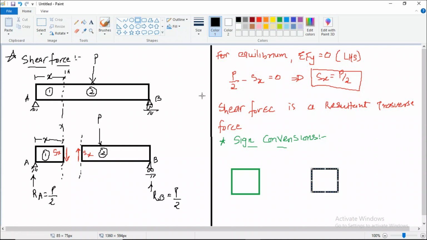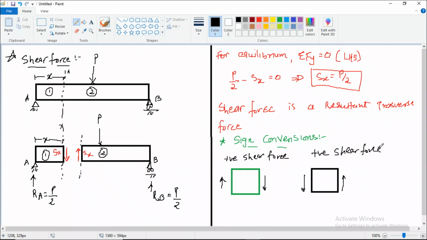So first type, we have this type of shear force given, let us say on this side it is vertically upward, on the other side to maintain equilibrium vertically downward. In the second type, on this side vertically downward, and to maintain equilibrium on the right hand side vertically upward. So first case will be taken as positive shear force, and second one will be taken as negative shear force.